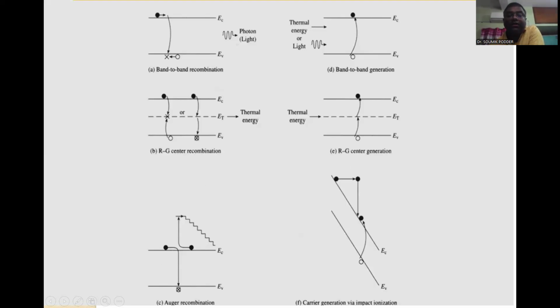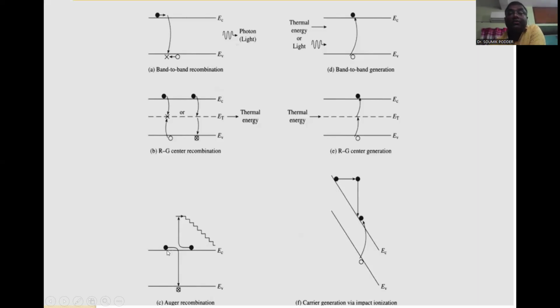This is Auger recombination. Auger recombination means that one electron will go to the highest state of the conduction band, then slowly move towards the minimum of the conduction band, and then another electron will be positioned at the minimum.